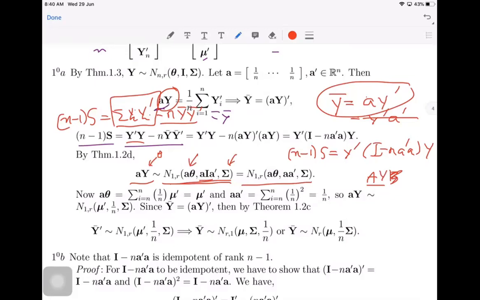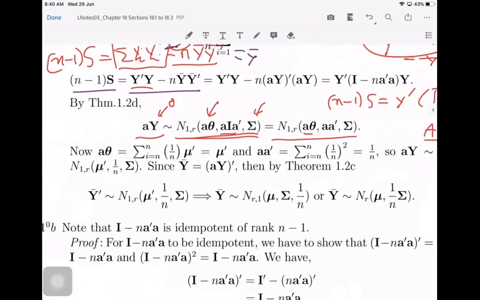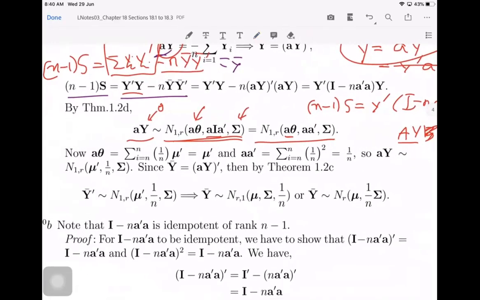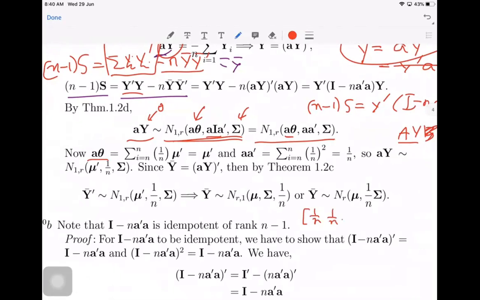Now we look at what is A sigma, A theta. So what is A theta? A theta will just be, ang A nato is 1 over n, 1 over n, 1 over n, times the theta, which is mu prime, mu prime, mu prime. So what you will have is the summation of 1 over n mu prime.